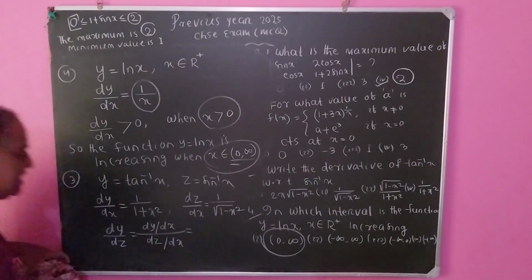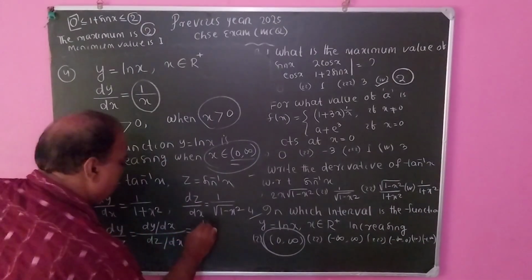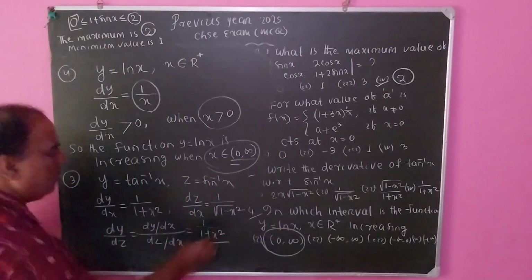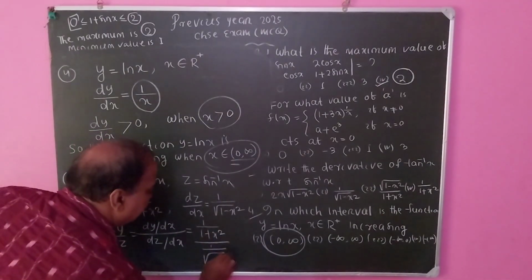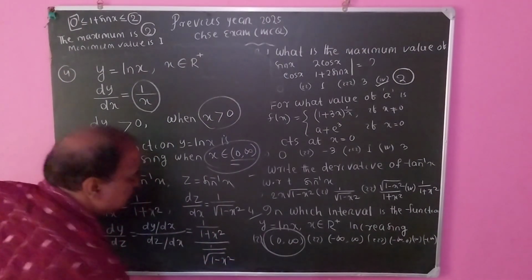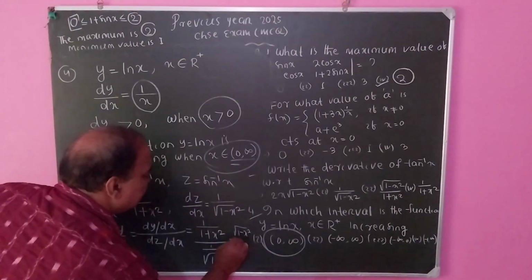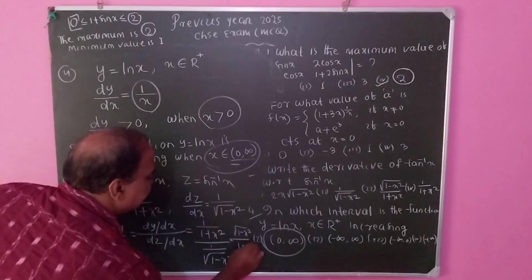So we get dy by dz is equal to 1 by 1 plus x square divided by 1 by root over 1 minus x square. So that is root over 1 minus x square divided by 1 plus x square.